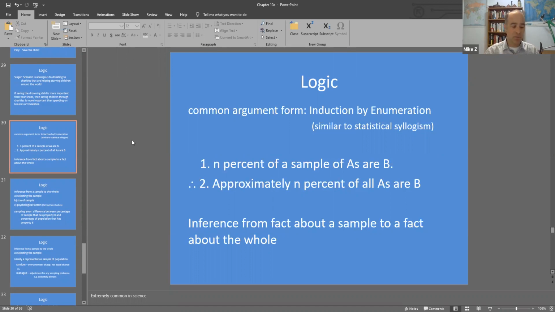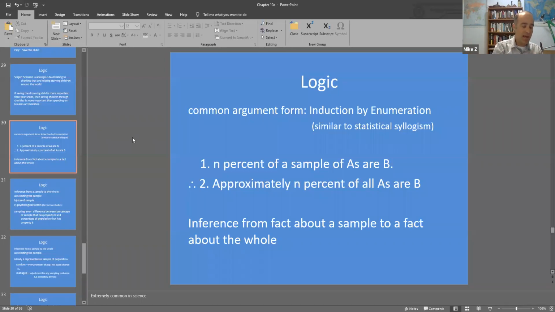The statistical syllogism said that a certain percentage of A's are B, and then it talks about a particular A and says that there's a certain chance that A has that same property B. Well, this is similar, except instead of talking about what percentage of A's overall have a certain property B, it's taking a sample from that overall complete group of A's, and then looking at what percentage of the sample has this property B.